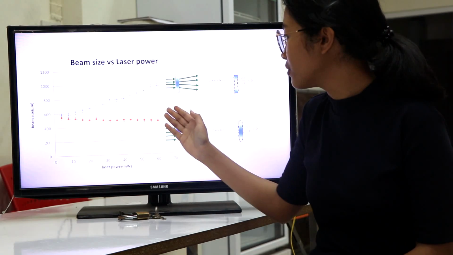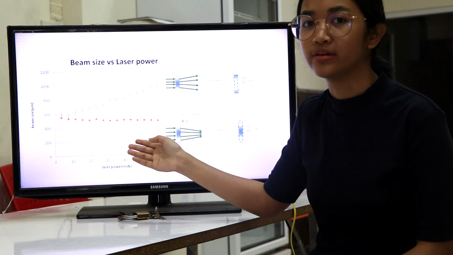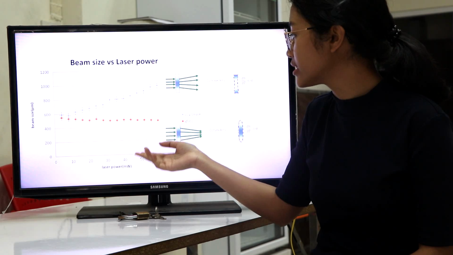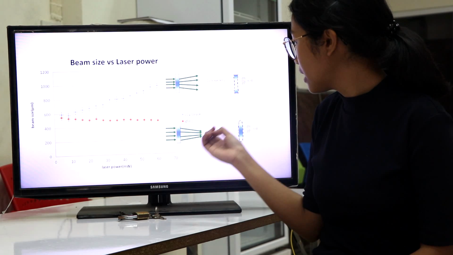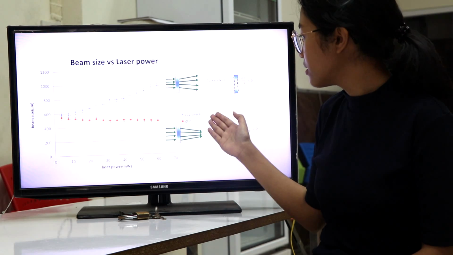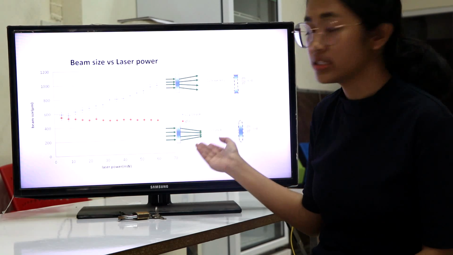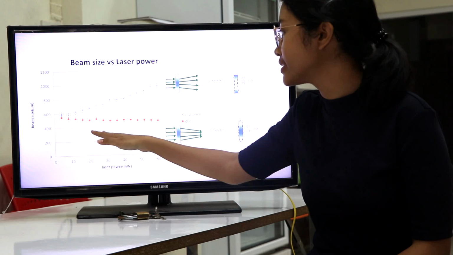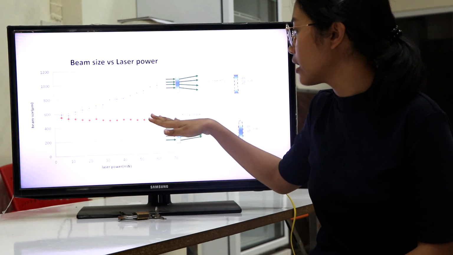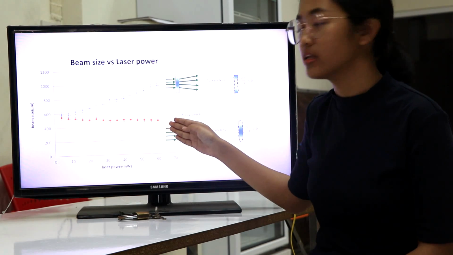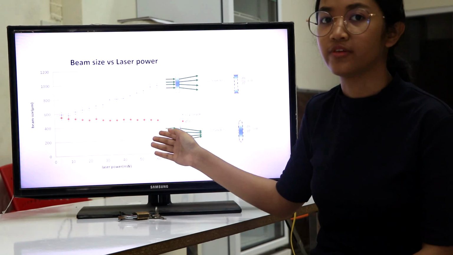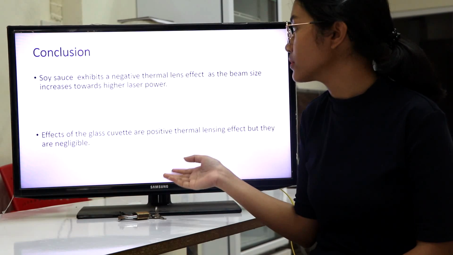And when I use only the glass cuvette, we see that the beam size gets smaller with laser power. So this is a positive thermal lens, or convex lens, but the result is not distinctive, so although the glass cuvette can also cause a thermal lens effect, we can neglect it.